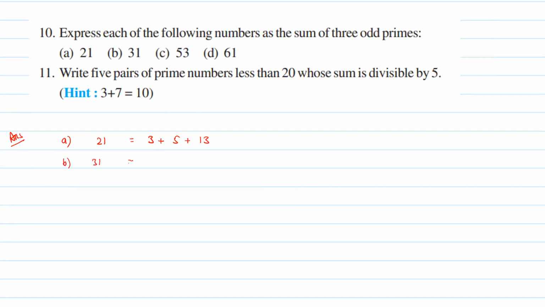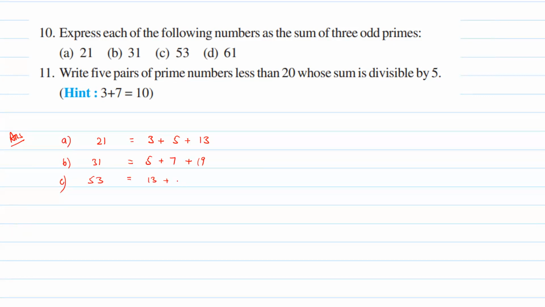B part is 31. If we write 31 as the sum of 3 odd primes, we can write it as 5 plus 7, which is 12, plus 19. Then coming to 53. We can write 53 as, let's say, starting with 13.